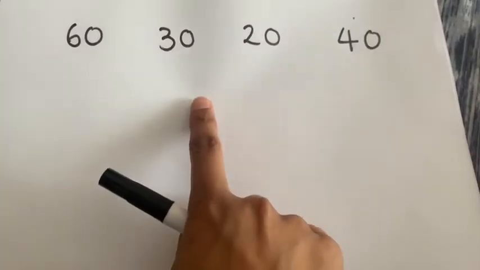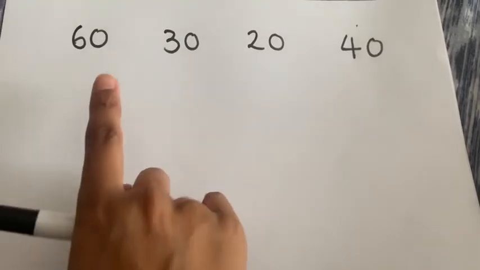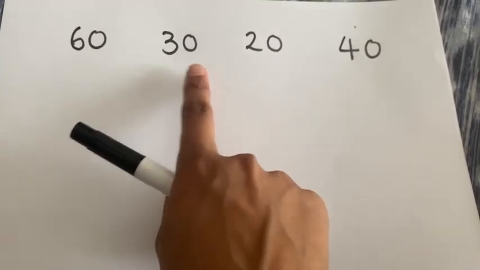Have a look at these numbers: 60, 30, 20, 40. Can you arrange these numbers from the smallest all the way to the biggest? Have a look in the tens column. How many tens does each number have?